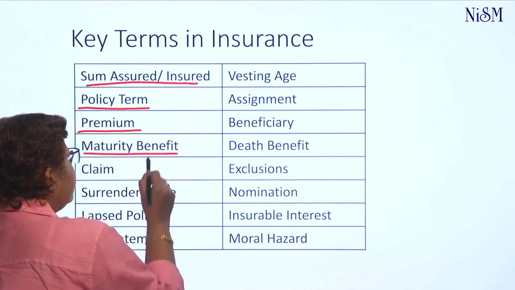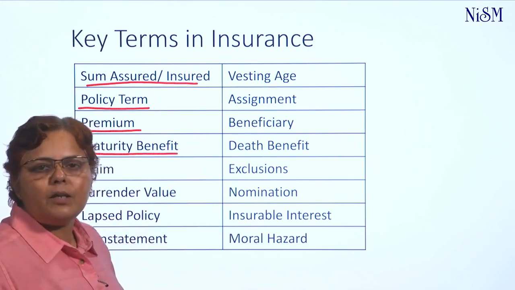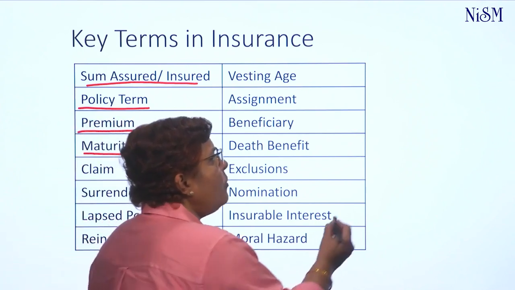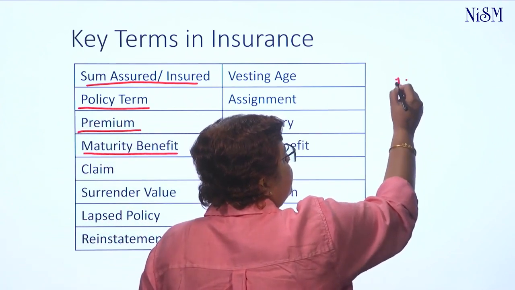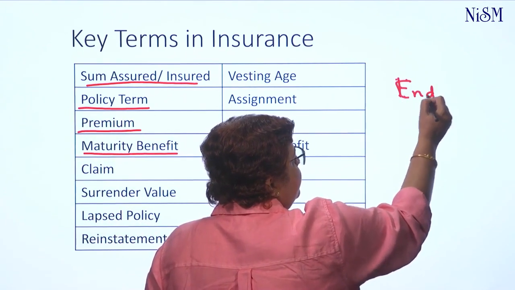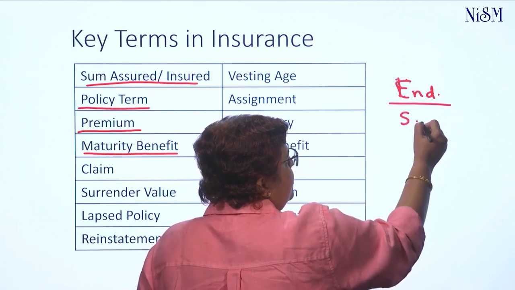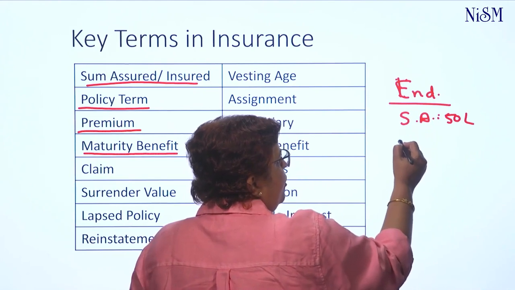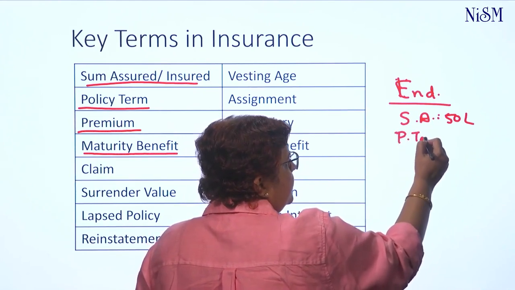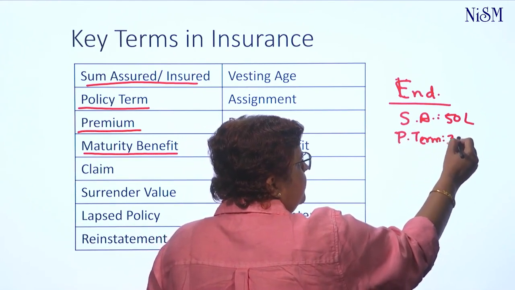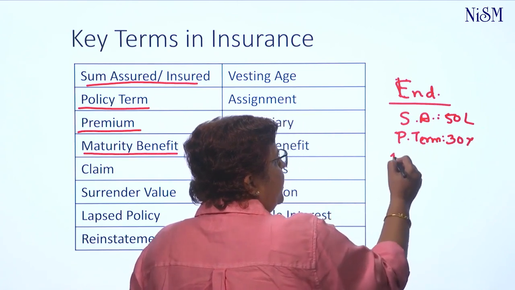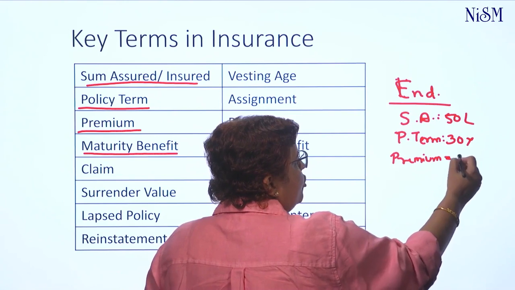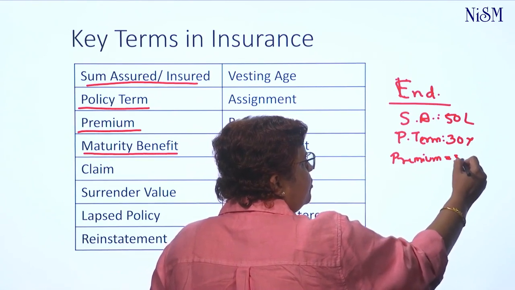Maturity benefit. Let us assume that that person has taken an endowment policy, you remember endowment policy. So what has that person done? He has an endowment policy, he has a sum assured of say 50 lakhs, the policy term is 30 years, and he is paying a premium per annum of say 50,000 rupees.